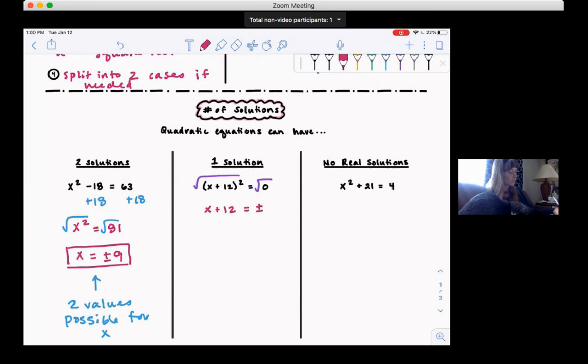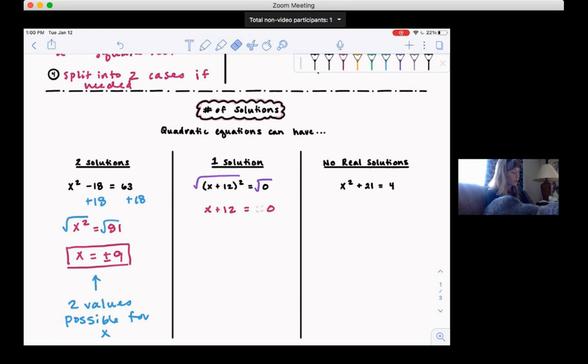We might be tempted to write plus or minus 0 because we're being good mathematicians and remembering our plus or minus. But in this case, this is the one number that only has one square root, because a positive 0 and a negative 0 are the same number. They're both just 0.